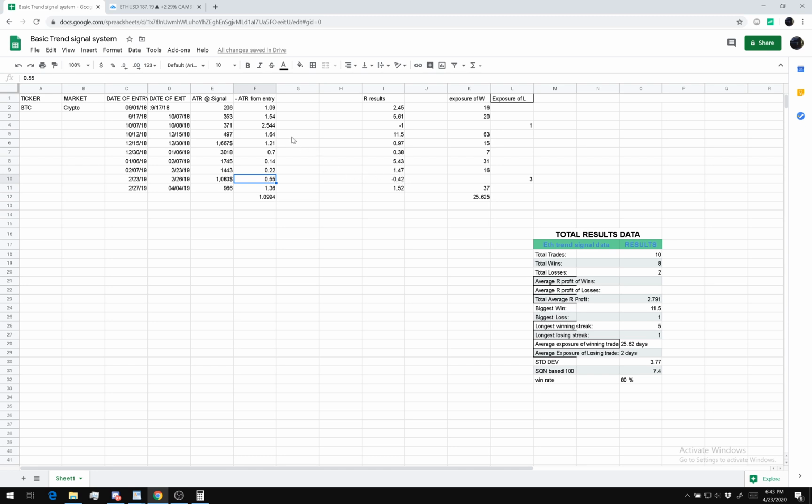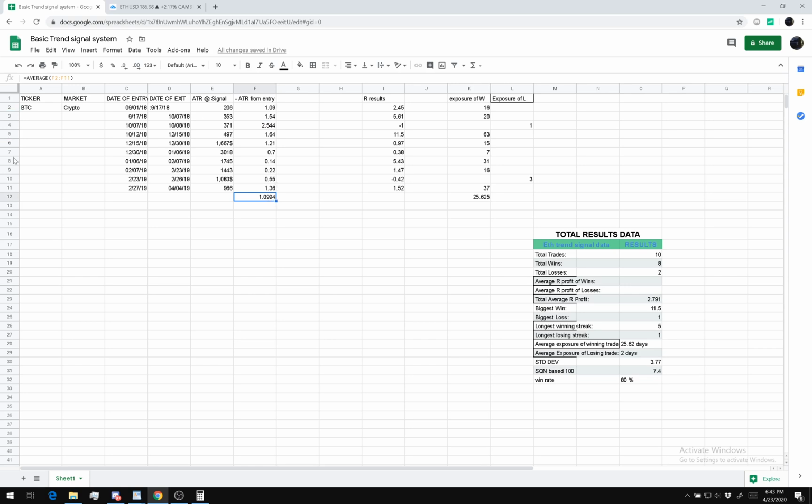So theoretically, if we were using a 3 ATR stop, this would have turned into a winning trade. Or if you weren't using a stop at all, this would have been a winning trade. So the average it ran against me was 1.09 ATR.